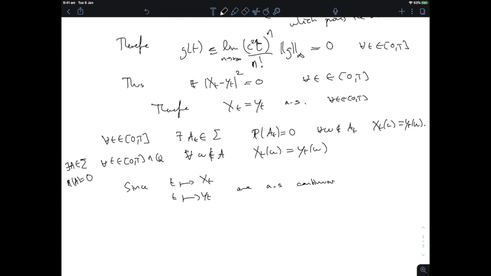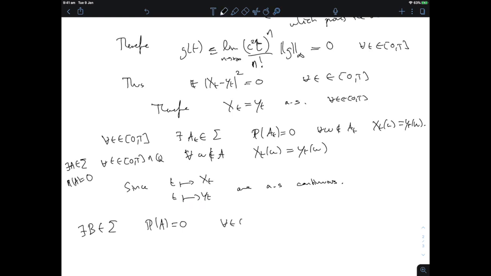And that's what we've called a continuous process. So if I throw away the set where t goes to x t might be discontinuous and the set where t goes to y t might be discontinuous, then I get a new set B, which has probability 0. So that's the union of the set A we had here, the set of discontinuities of this, and the set of discontinuities of that. So this is the union of 3 sets of probability 0.